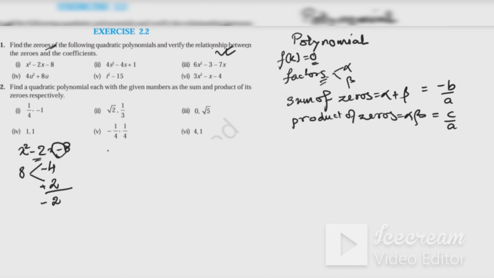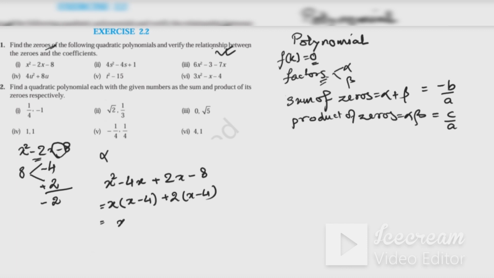So what is alpha? The factor is, or I can divide it and I'll show you. I can write x square minus 4x plus 2x minus 8 as the equation. So if I take x common, x minus 4, and if I take 2 common, again x minus 4.